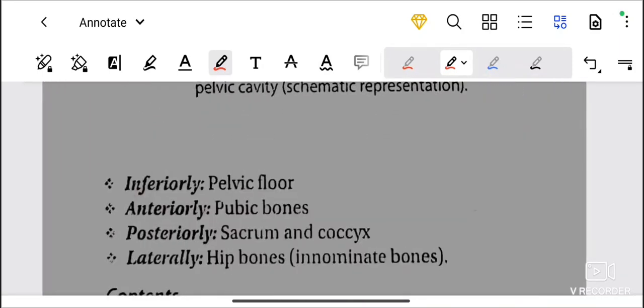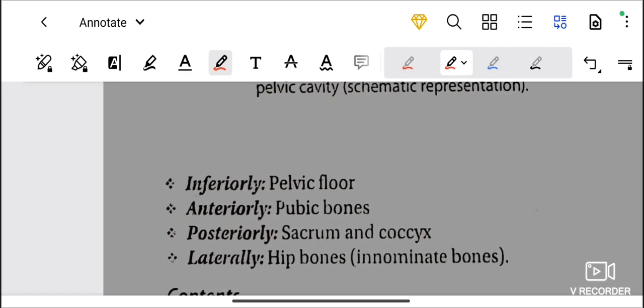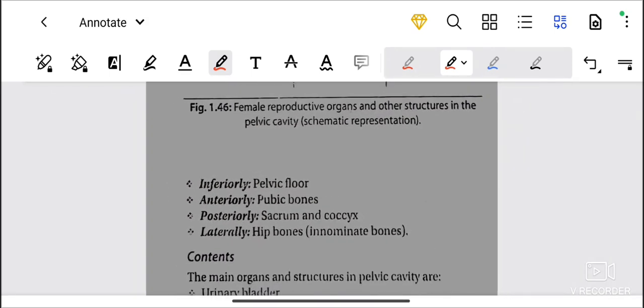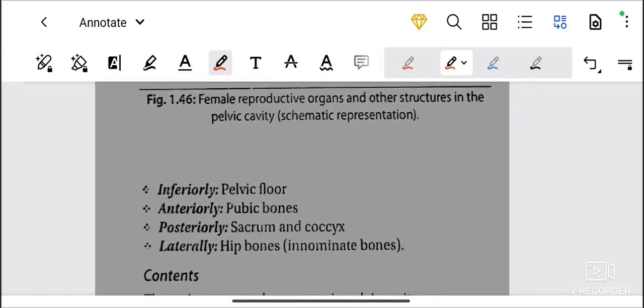the pelvic floor will be present. Anteriorly the pelvic bones are present, posteriorly the sacrum and coccyx, behind the pelvis, and laterally the two innominate hip bones will be present. I will explain here.